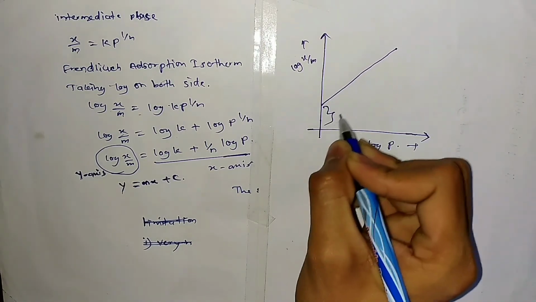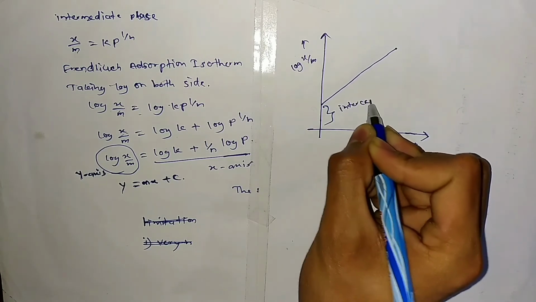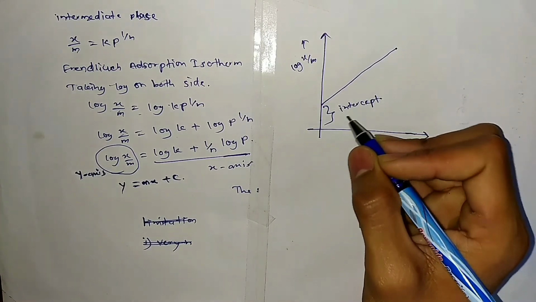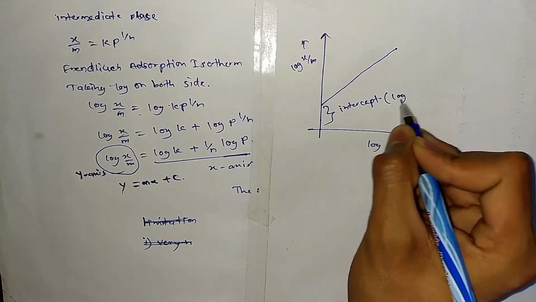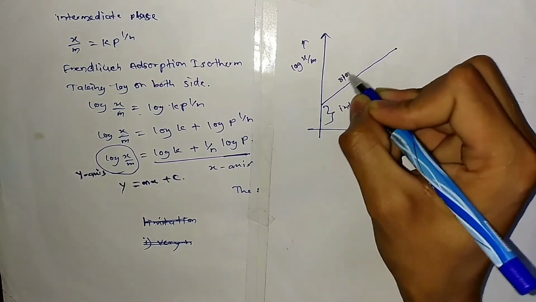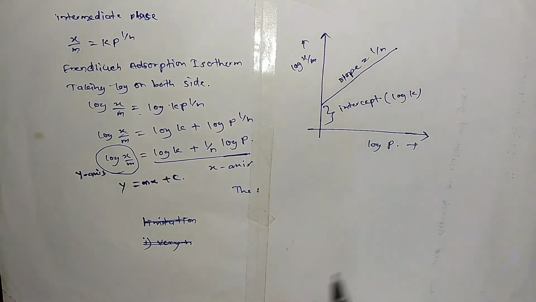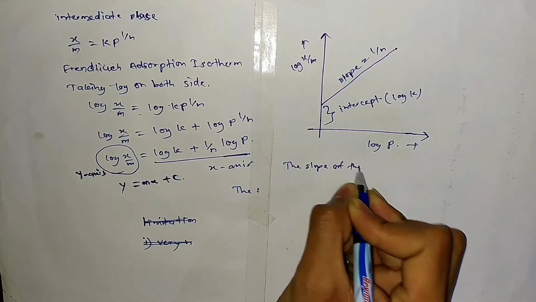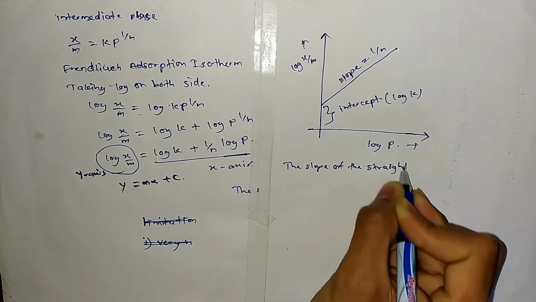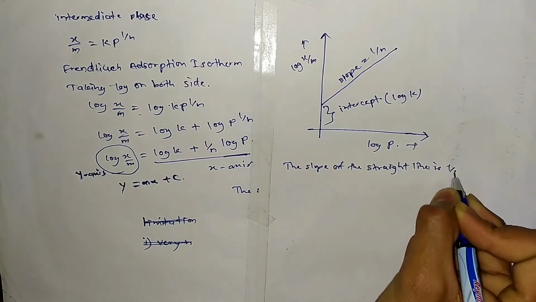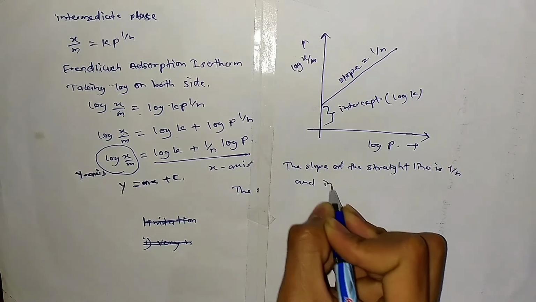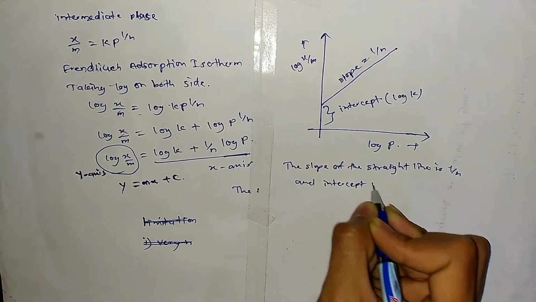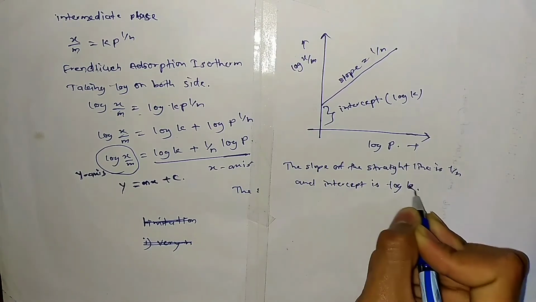This is the intercept, the value of log k, and this is the slope. The slope of the straight line is 1 by n, and the intercept is log k.